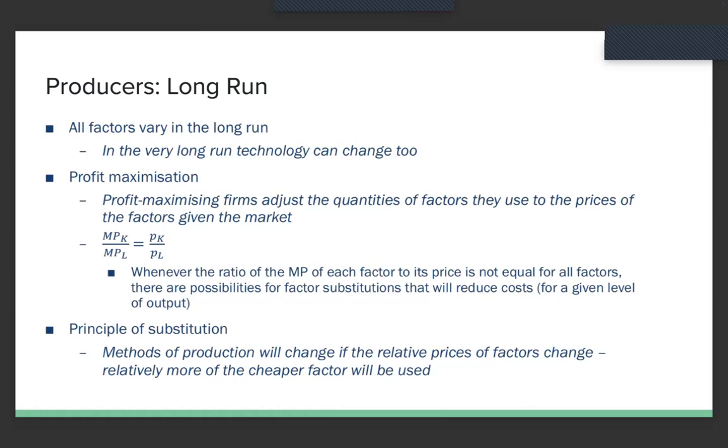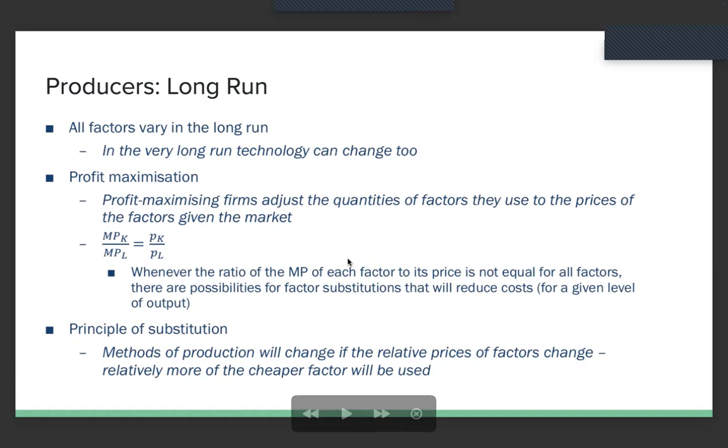And so that's why I'm going to substitute more towards capital. I would want to have more capital compared to labor, and I would keep on substituting the labor out for capital until I get this equality sign.